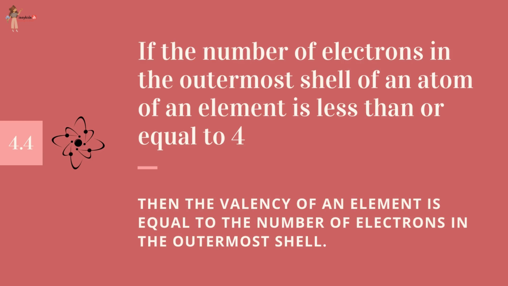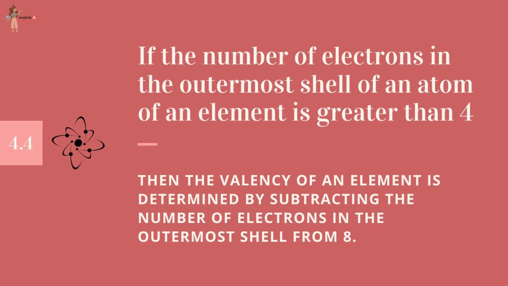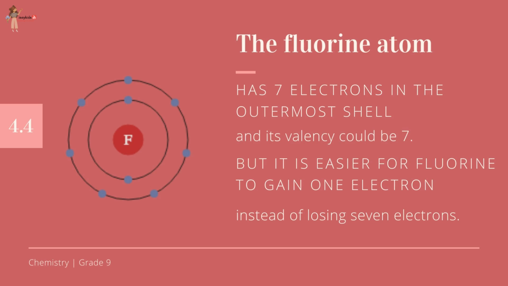If the number of electrons in the outermost shell of an atom of an element is less than or equal to 4, then the valency of an element is equal to the number of electrons in the outermost shell. However, if it is greater than 4, then the valency is determined by subtracting the number of electrons in the outermost shell from 8.